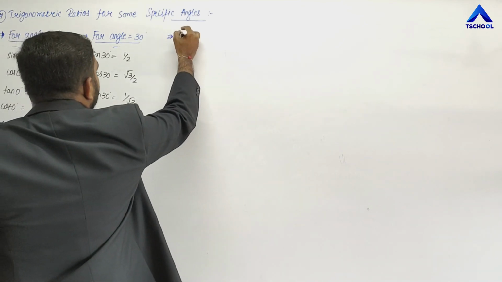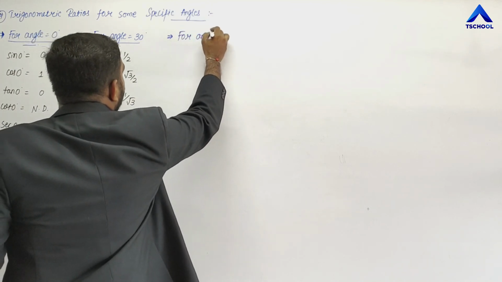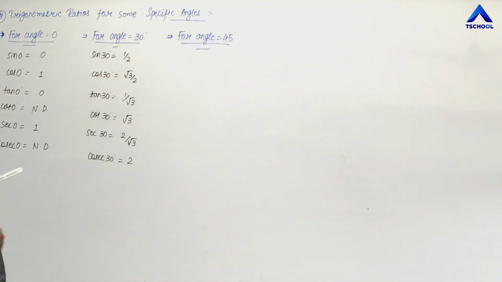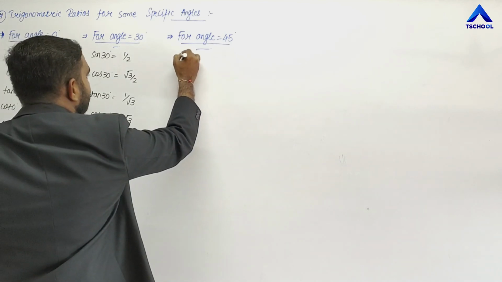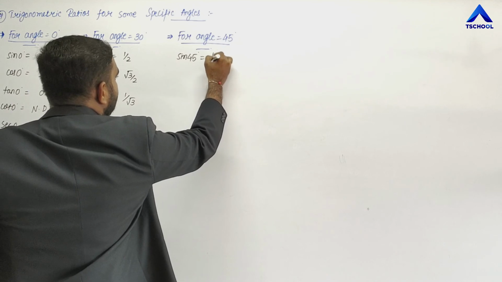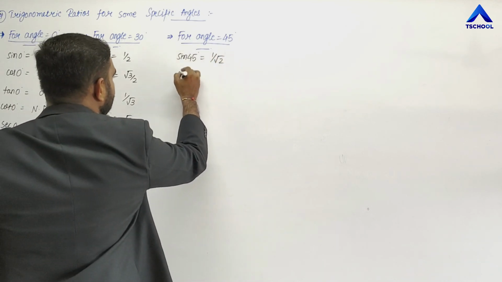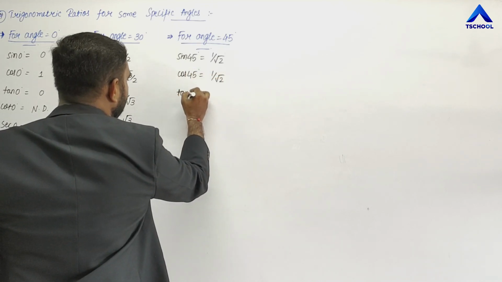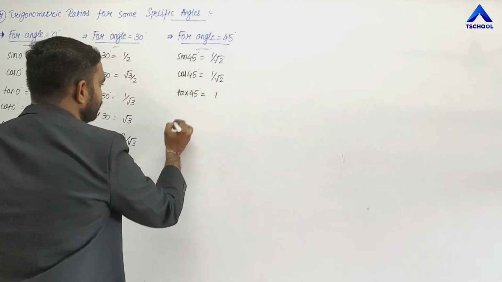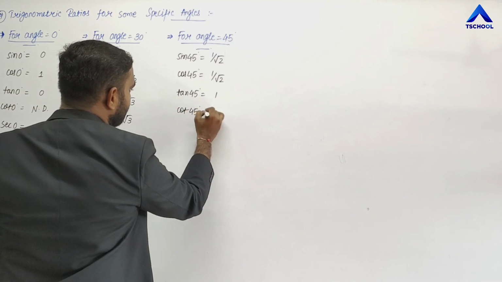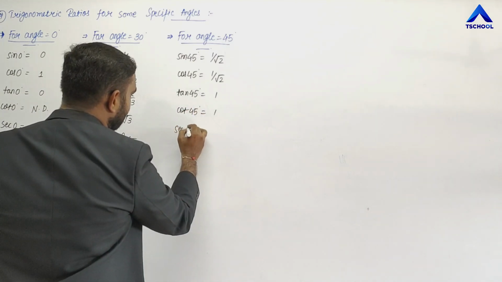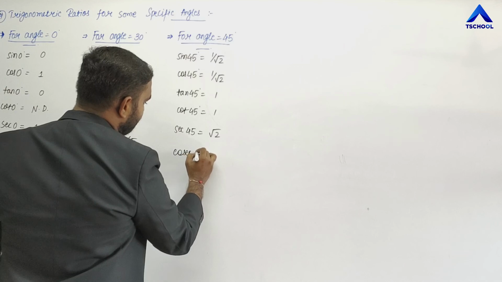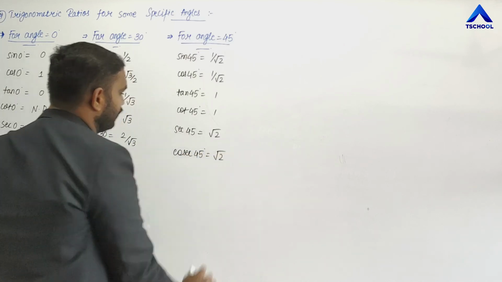Then for angle equal to 45 degree, we have sin 45 is equal to 1 by root 2, cos 45 is equal to 1 by root 2, tan 45 equal to 1, cot 45 equal to 1, sec 45 equal to root 2, and cosec 45 is equal to root 2.